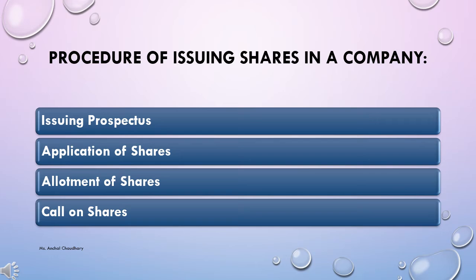After getting an invitation, interested investors can submit their application through a prescribed form along with an application fee before the closing date given in the prospectus. Suppose you are going to take admission in a school or in a college, right?